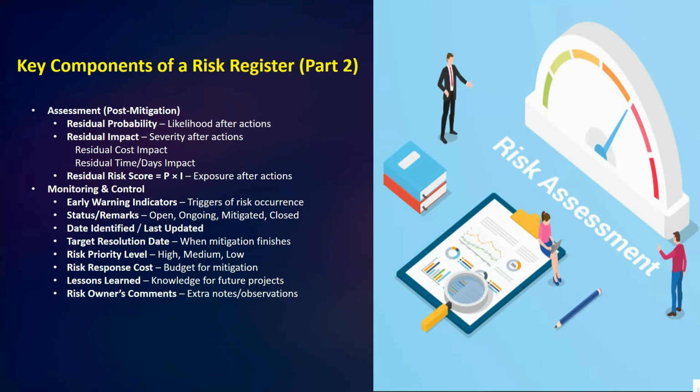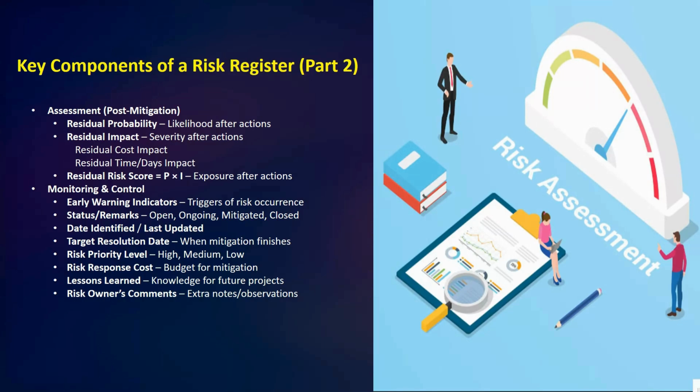Okay, so lastly, the risk register is used to monitor and track risk using these contents during the project. We may define early warning indicators. Here you can see the early warning indicators that signal that a risk may occur.